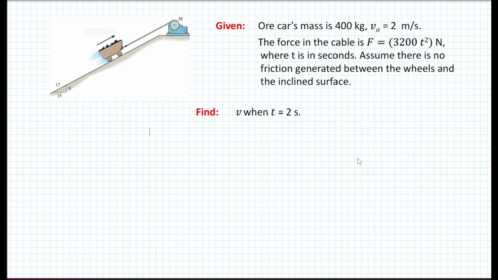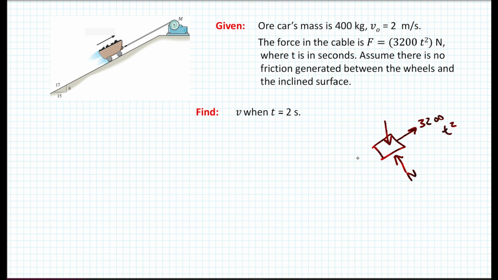Alright, so here, since we're looking at this problem and there are forces and velocity involved, we're going to use kinematics and equations of motion. So looking at this, I would draw really quickly. And 3200 t squared.